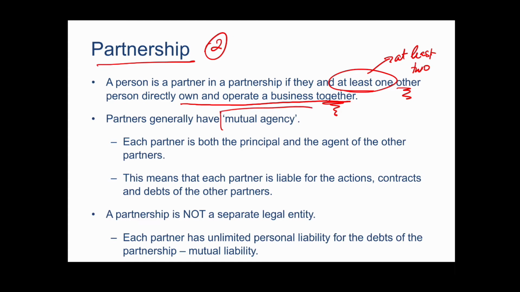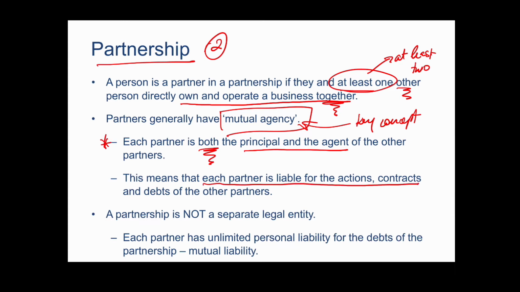The partners have mutual agency. So you'll remember our slides on agency law, okay? So the partners are both principals and agents of each other. Each partner is a principal and an agent of the other partners. That means they're all liable for the actions, contracts, and debts of the other partners.